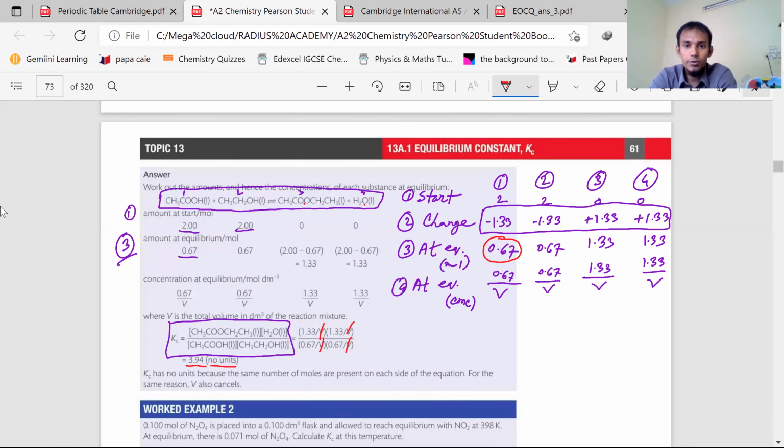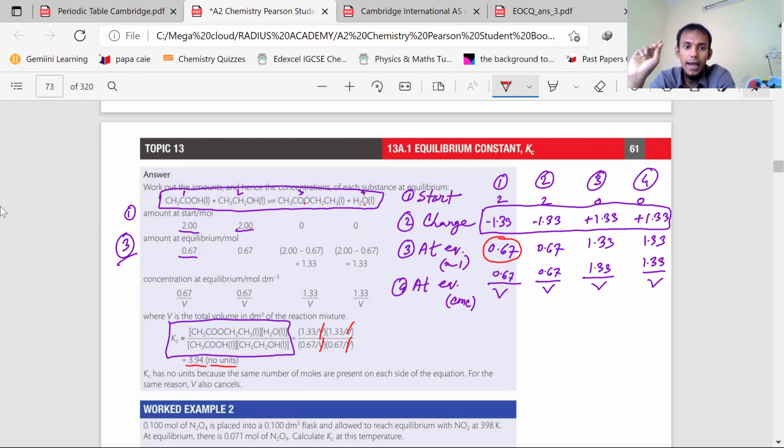Note this down carefully, these four points: mole at start, change, amount at equilibria, and at equilibria what is the concentration. If you find the concentration, you put those values in the Kc expression and you will get your answer.